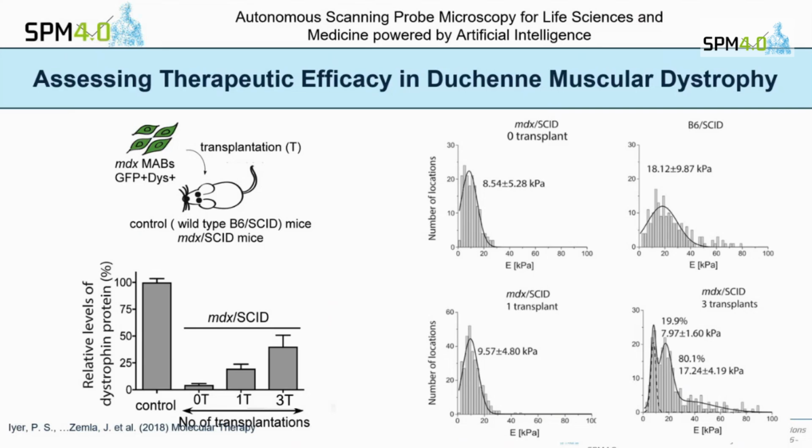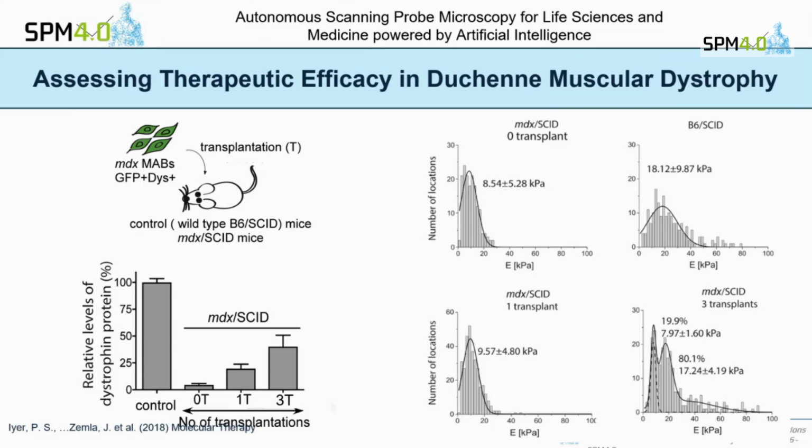And if we used AFM to study that, we see that for healthy, which is B6 seed, the tissue is stiffer, while the dystrophic muscle has lower elastic modulus values.